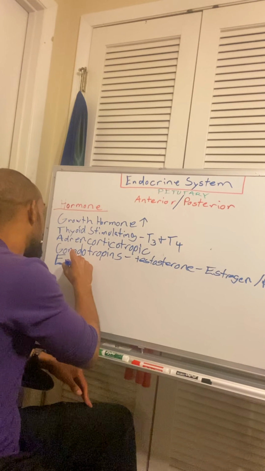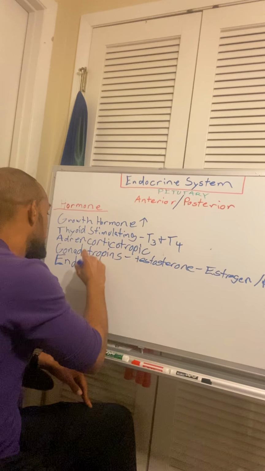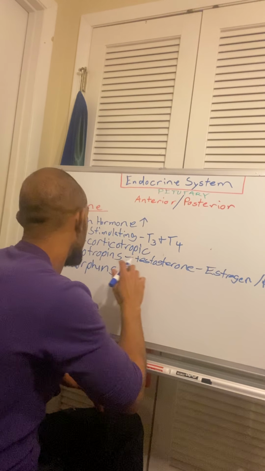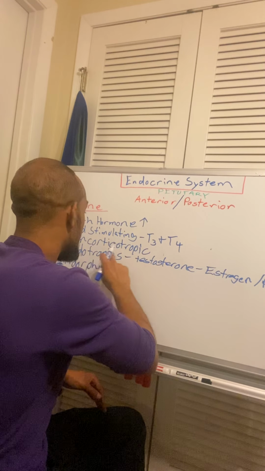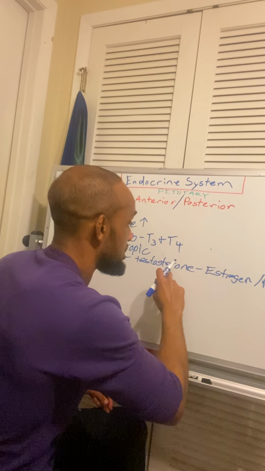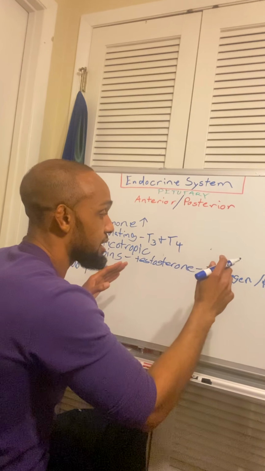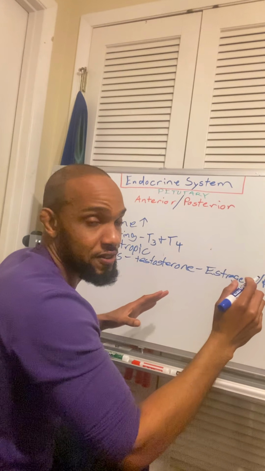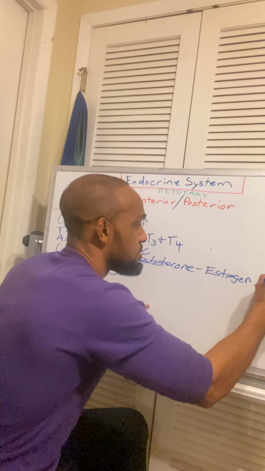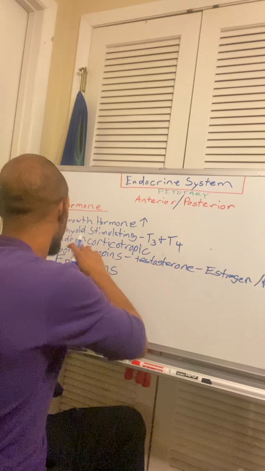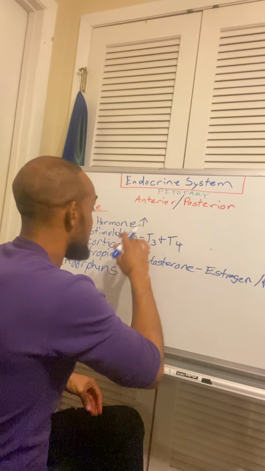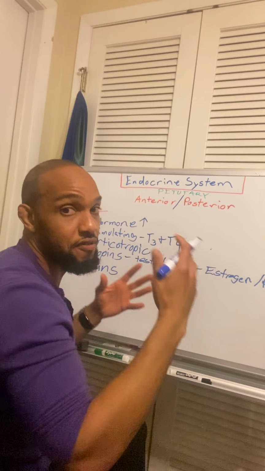Then you have endorphins. And before I go into endorphins, for gonadotropins, testosterone and estrogen, the effect of exercise on them is insignificant, but it slightly increases. And adrenocorticotropic hormone, it varies.